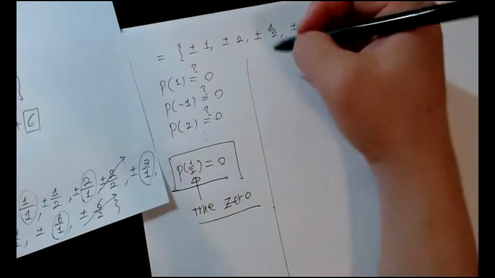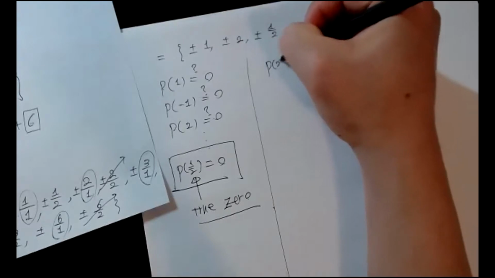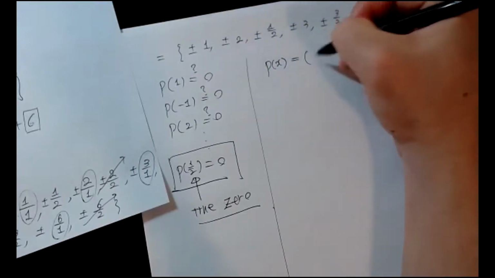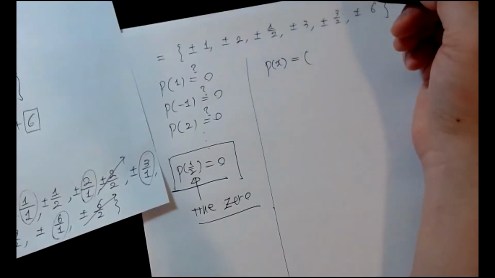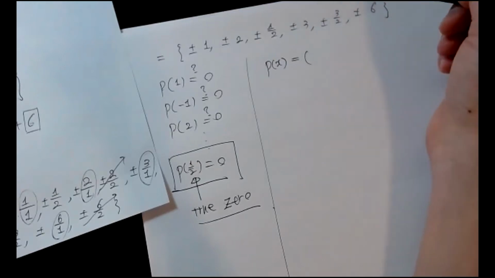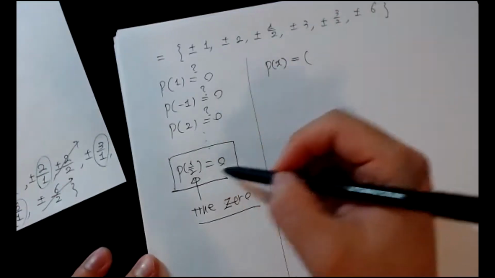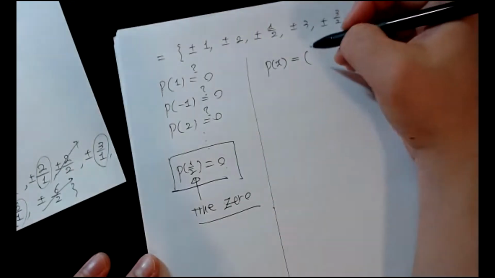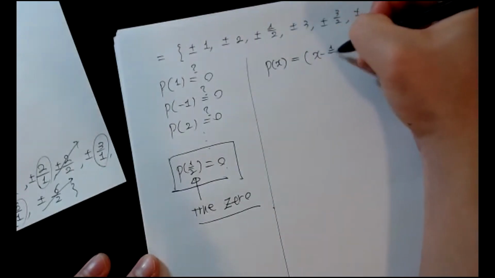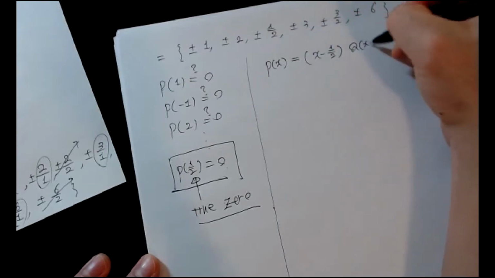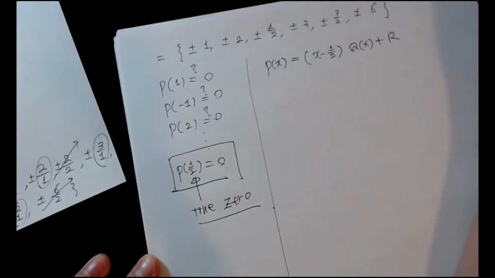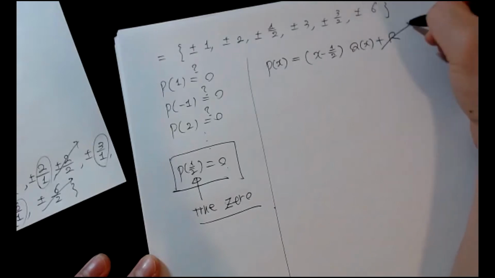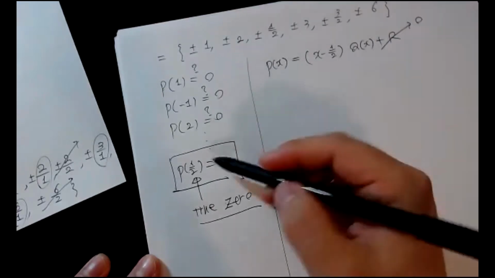We express p of x as divisor, quotient, and remainder. Since p of 1/2 equals 0, by the factor theorem p of x can be expressed as x minus 1/2 times q of x plus remainder r, and r must be 0 by the factor theorem because 1/2 is a zero.